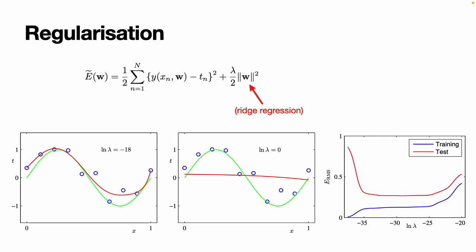It's something like this. Let's come back to this example of polynomial regression from pattern recognition and machine learning. You can fit the data better by having more and more terms in here. And if you have too many terms, then you overfit. So how do you counter that? Well, you put a damping, a cost on having non-zero terms.